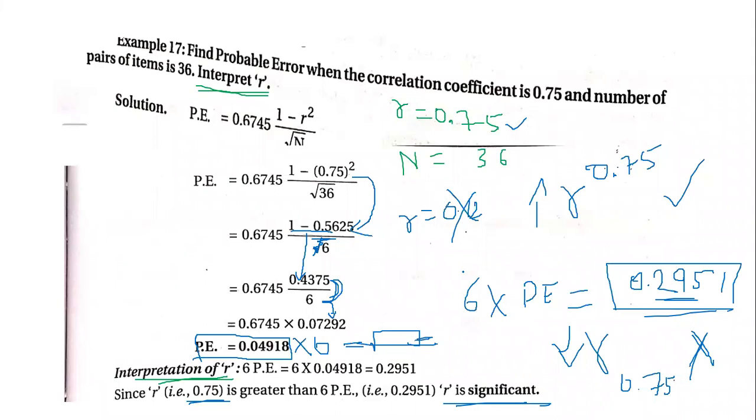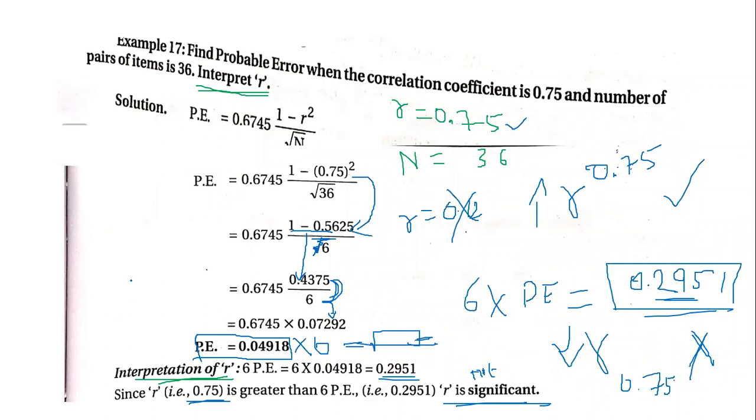So the interpretation which is important here is only this: multiply 6 into PE, then compare this value and the R value. If the R value is greater, R is significant. If the R value is lesser, then R is not significant. That's all. Let me not confuse you anymore by repeating. Okay, so everybody is clear with this.